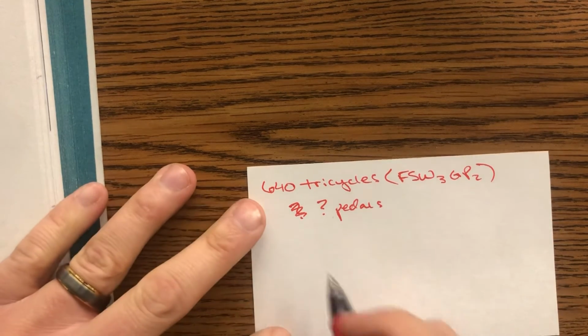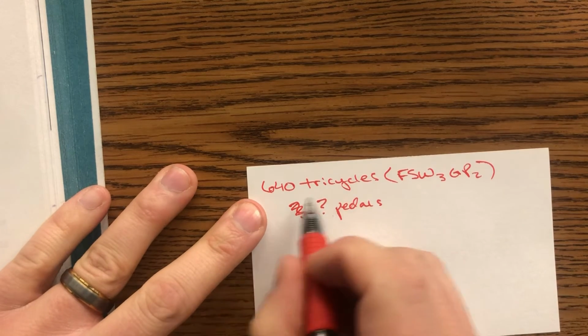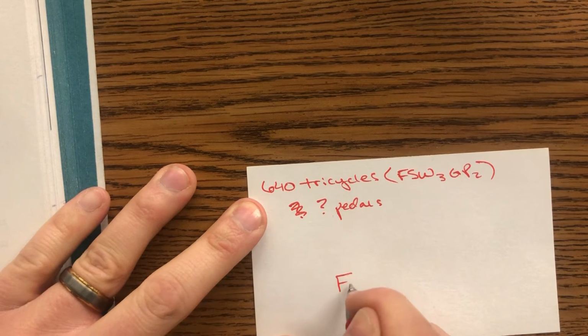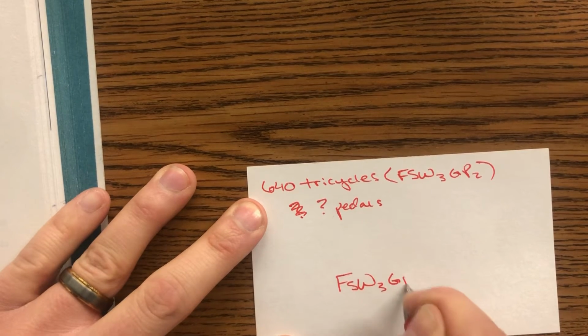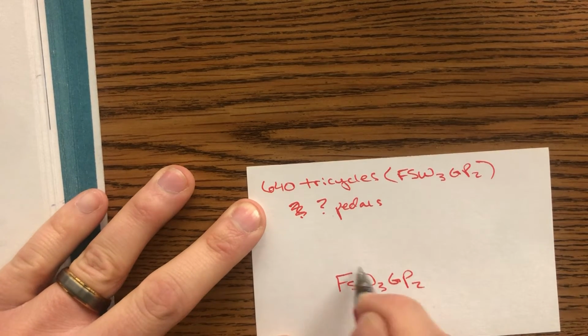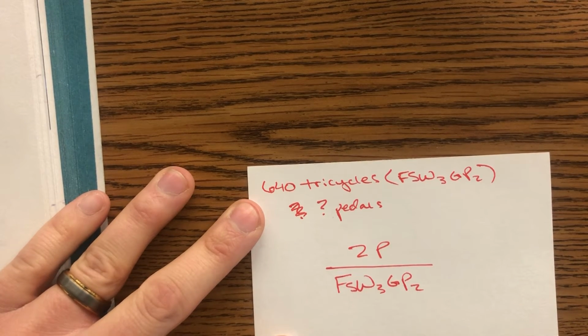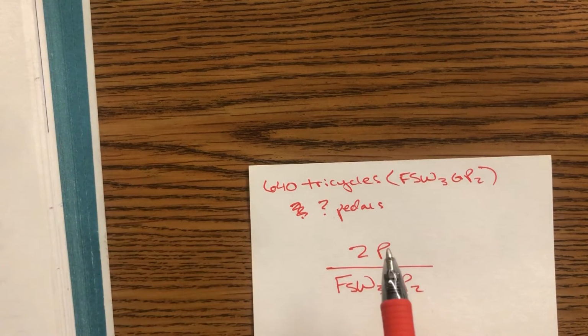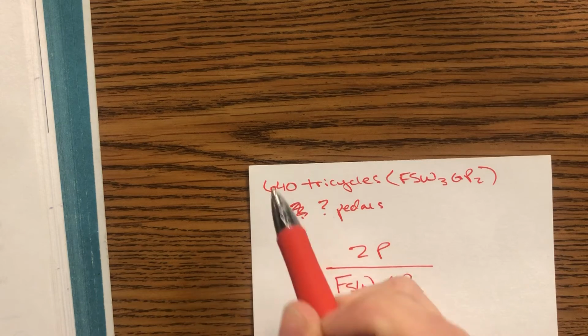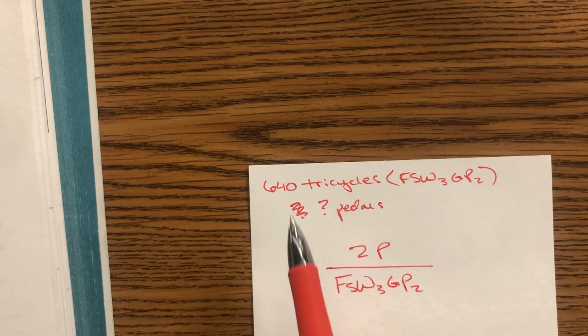So for every tricycle, FSW3GP2, I need 2 pedals. I need 2 pedals for every tricycle, so I can use this ratio to calculate how many pedals I need to make 640 tricycles.